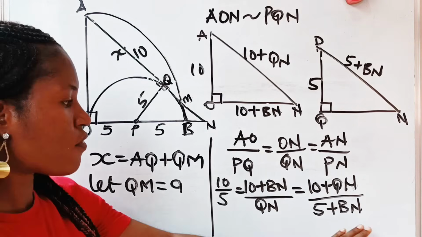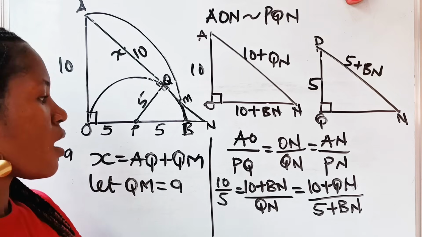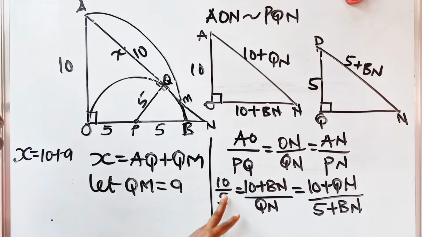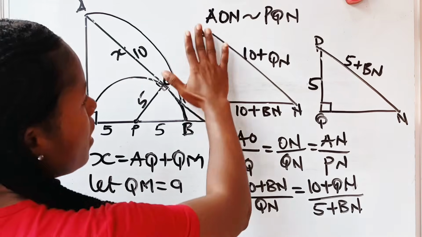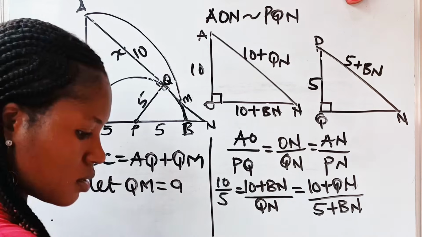Now that we have written this, remember that 10 divided by 5 will give us 2. Since I found my equation, let me just clean this.